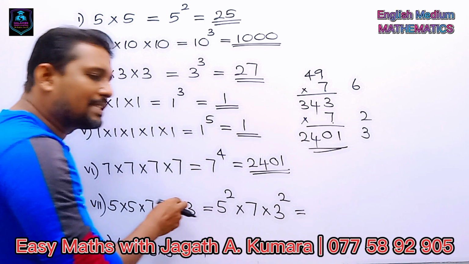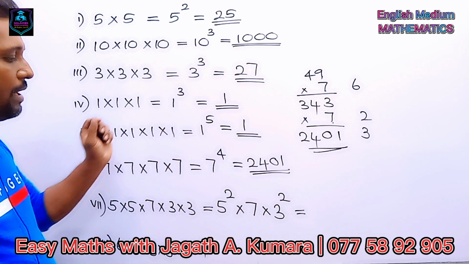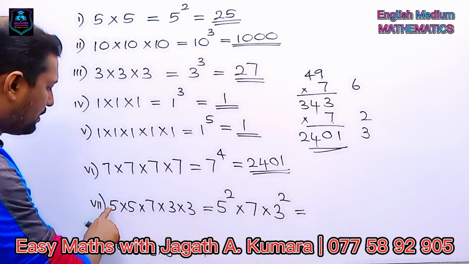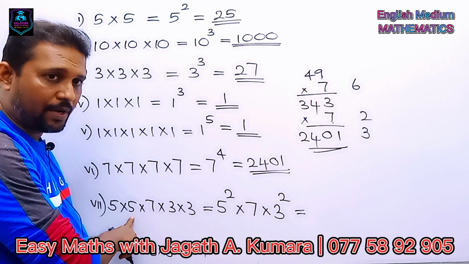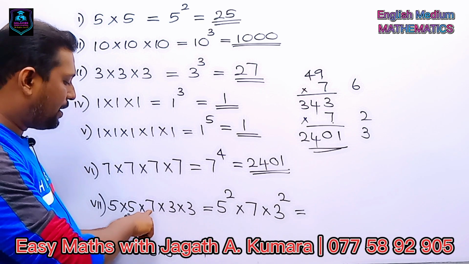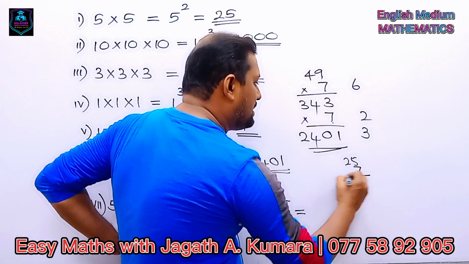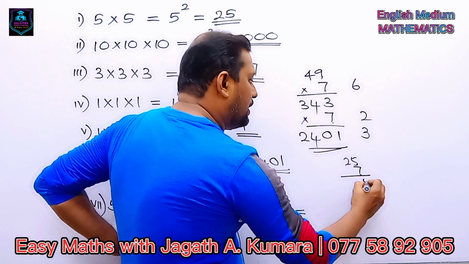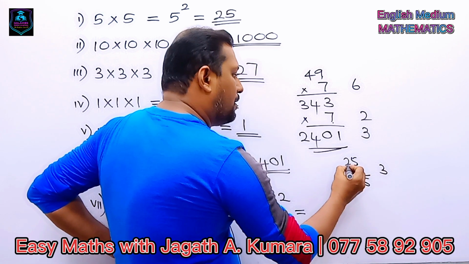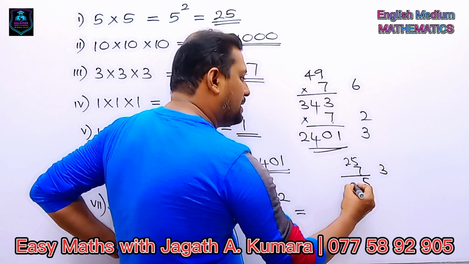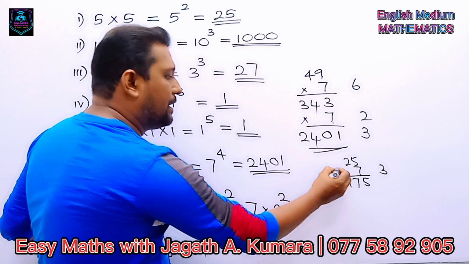This is the index form. Then you have to multiply these values. 5 multiply 5, 25. 25 multiply 7. 25 multiply 7. What is the value? 35. 14 plus 3, 17. 175.